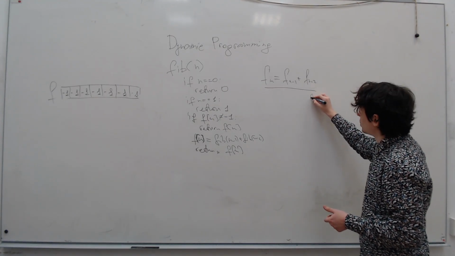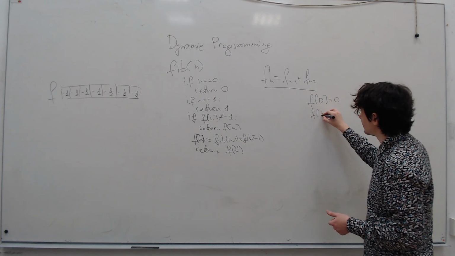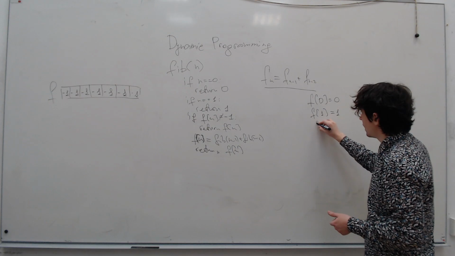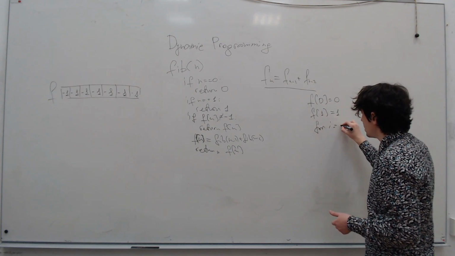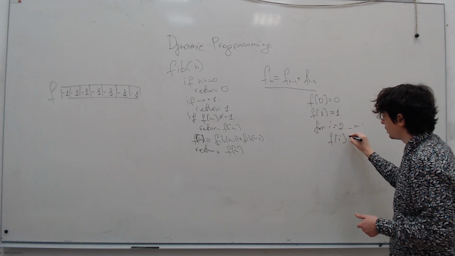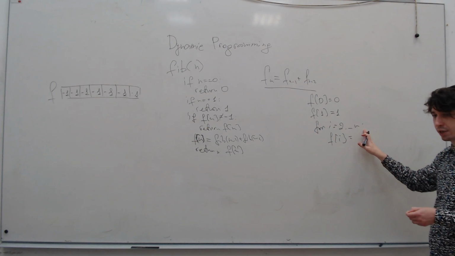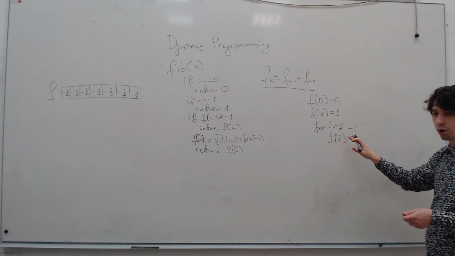So we say f0 equals 0, f1 equals 1, and then for i up to n, we know that we calculated the answers for all the states that are smaller.